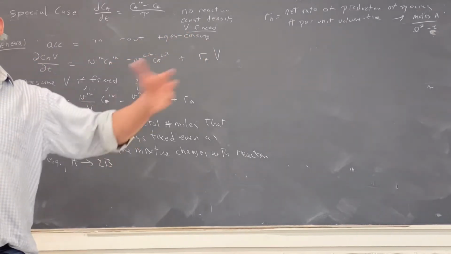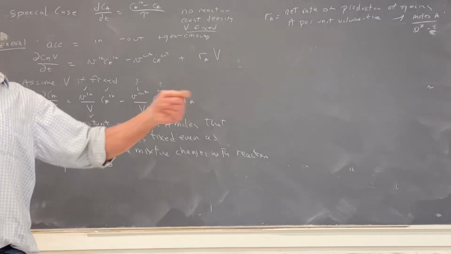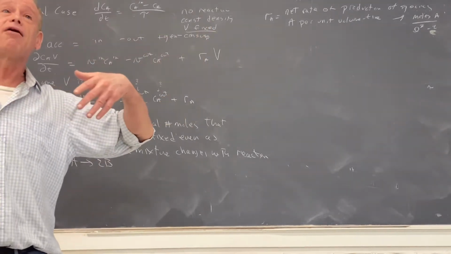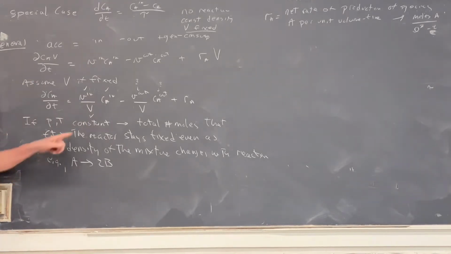But B takes up a lot more room than A. So the mass density has gone down, even though the molar density is the same. Since the total number of moles that fits in the reactor is the same, by the time A turns into 2B, it's traveling a lot faster because the volume of the reactor hasn't changed. So what does that tell me?